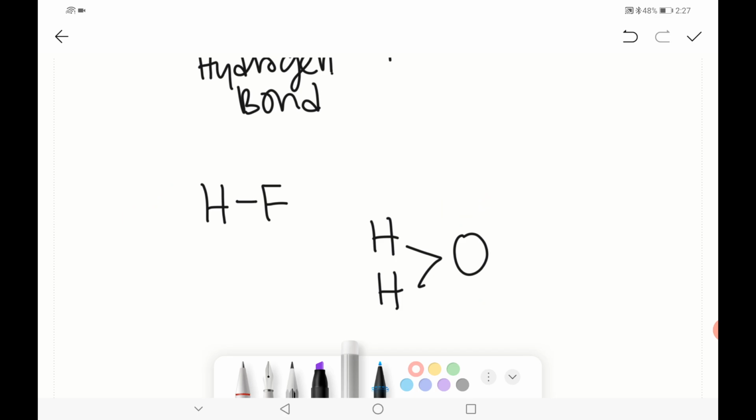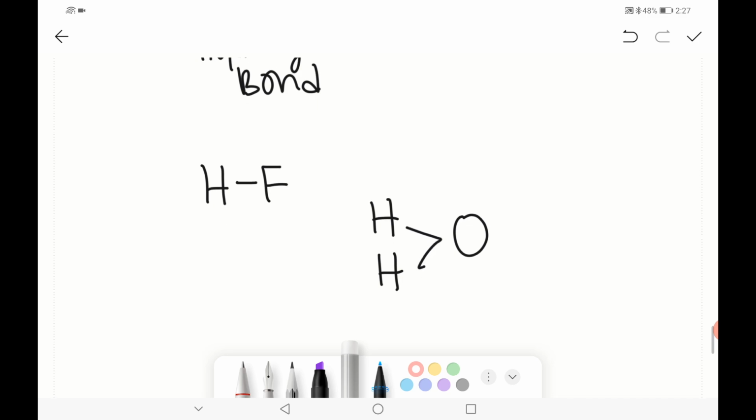Then how can they form the hydrogen bonding in this case? Very simple. The H of one fella will attach with the FON of another fella. For example, the H of the water will form the hydrogen bond with the F of the hydrogen fluoride. The H of this fella forms the bond with the F of this fella. So here you will have hydrogen bond as well.